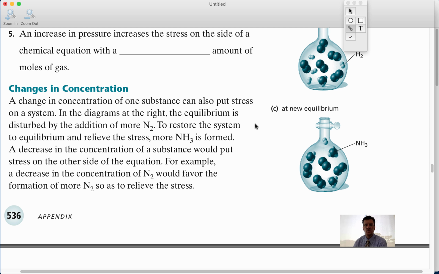It is always going to want to get back to that K value. So remember, K value is products over reactants. So if you change one of the products, you're changing the numerator, which means it needs to replace some of those products. It needs to get that number back up, and it does it by lowering also the reactants so that it can get back to that same ratio.